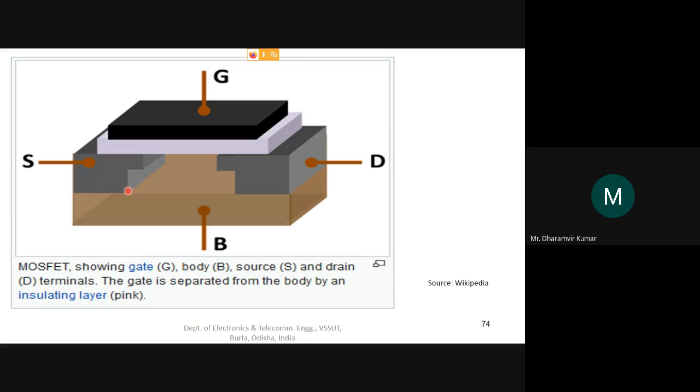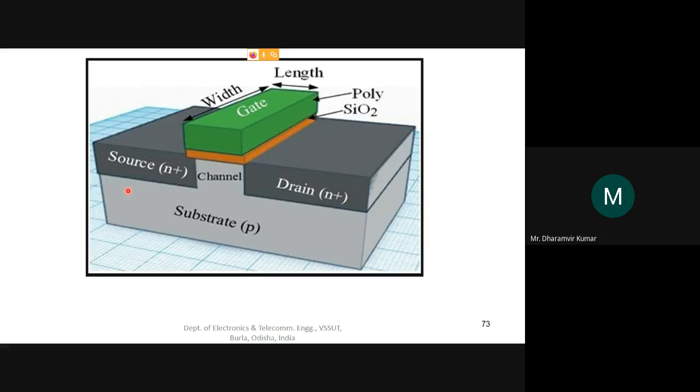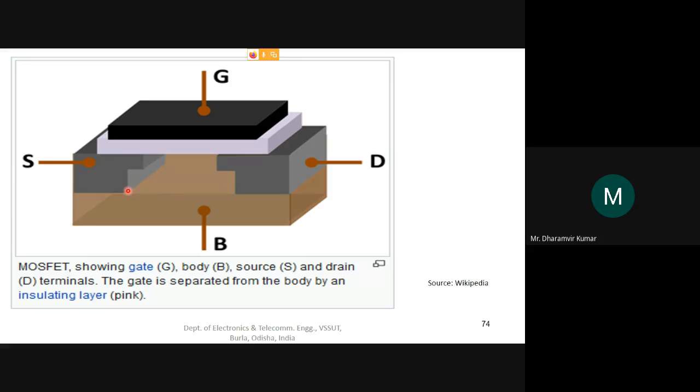This is actually more close to the actual fabricated MOSFET, because nowadays you will not find the fabricated MOSFET of this shape, but rather of this shape. There are various reasons why this edge is coming out in this fashion.